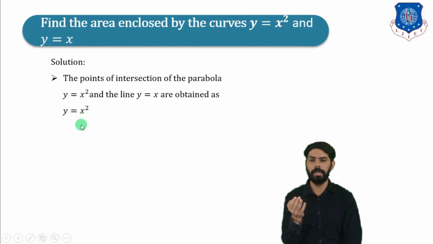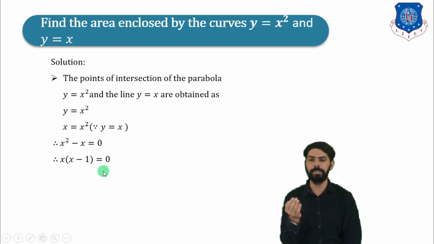So x equal to x square. Simplifying, x square minus x is equal to 0. Taking x common, x(x minus 1) equal to 0. Therefore, x is 0 or x equal to 1.